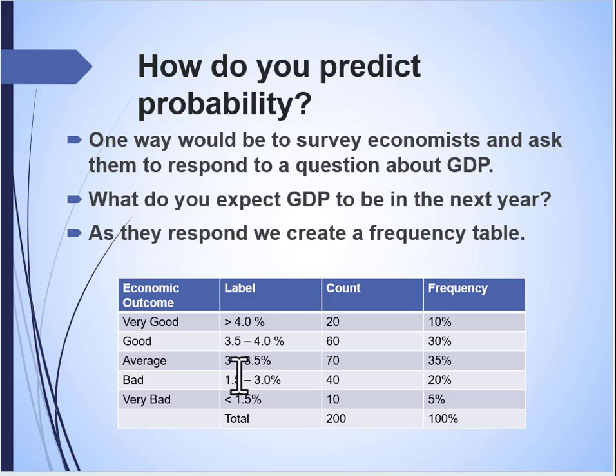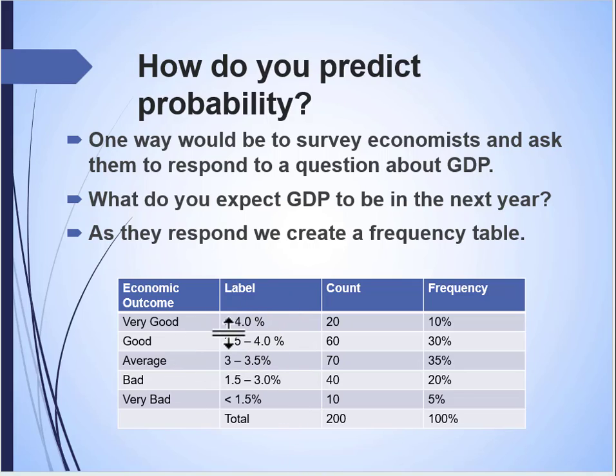How can you predict probabilities? Well, maybe we'll send out some surveys to some economists, and we're going to ask them to respond to a question about GDP, right? What do you expect GDP to be in the next year? And we'll let them choose whatever number they want. But when they provide us with their answers, we're going to create a frequency distribution.